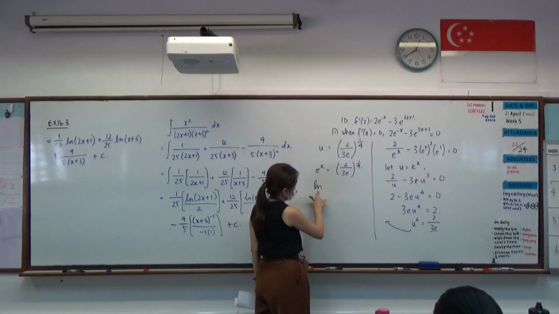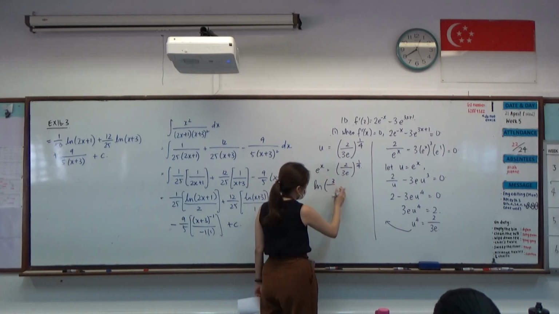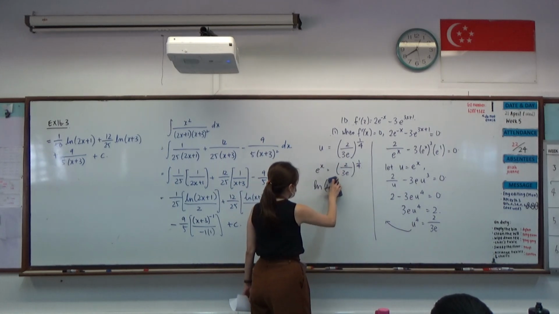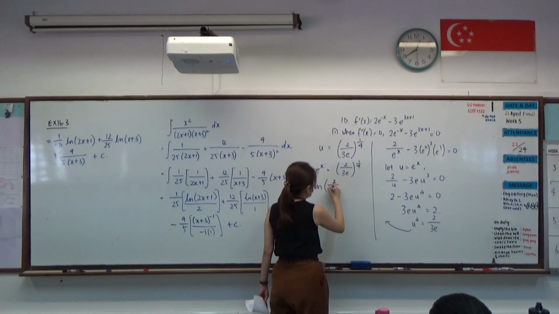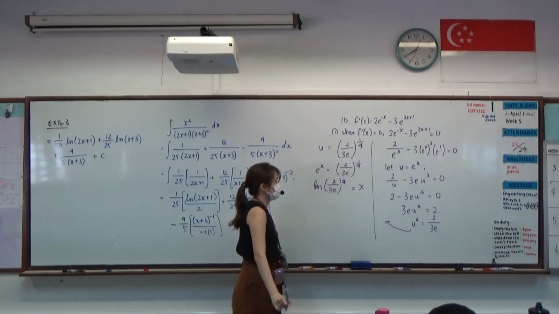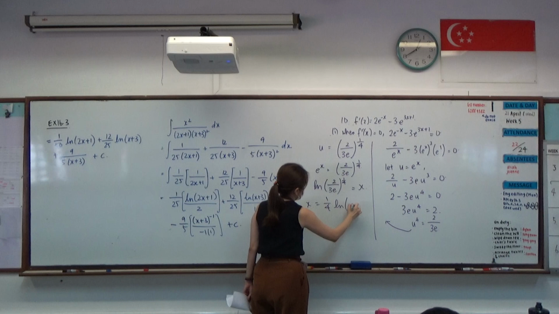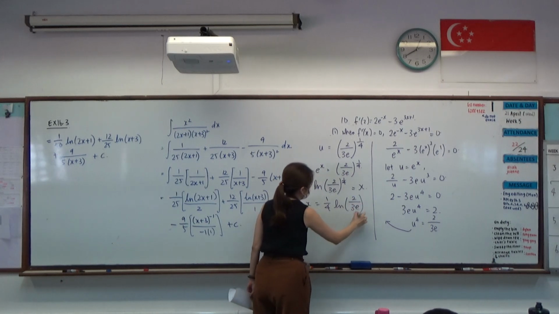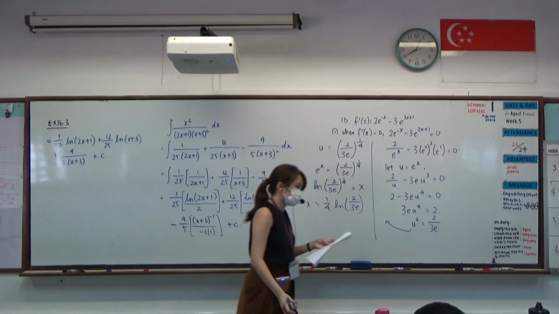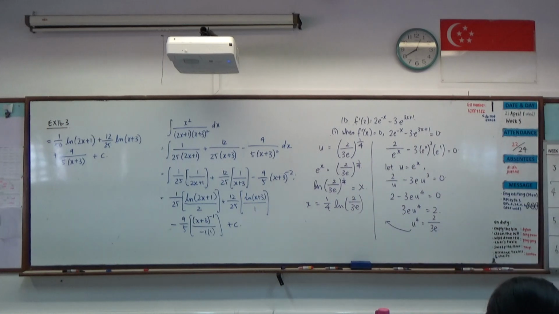So ln of 2 over 3e to the power 1/4 is equal to x. So x is equal to 1/4 ln 2 over 3e. Did the question require it exact? Oh yes, it says exact.